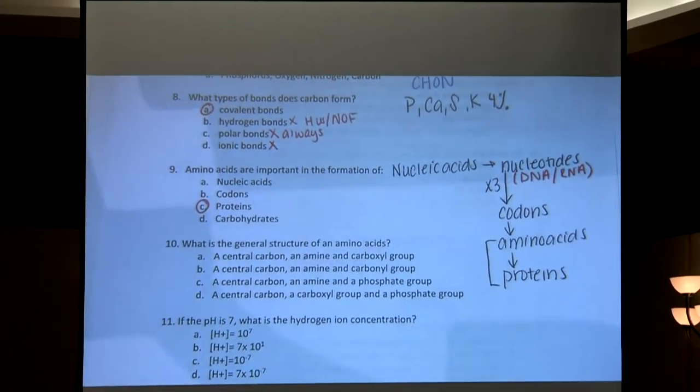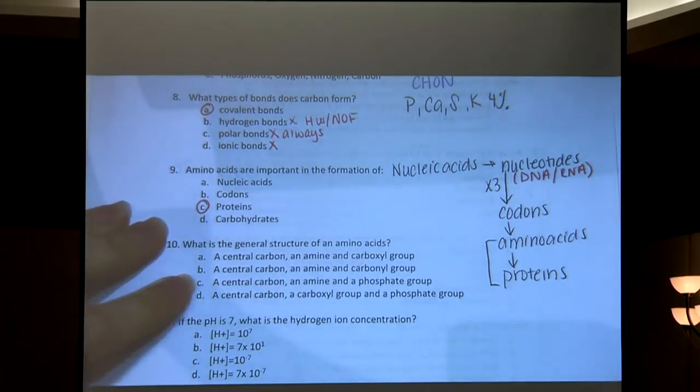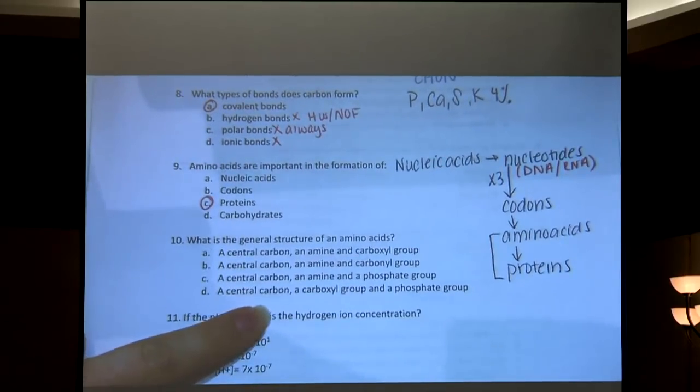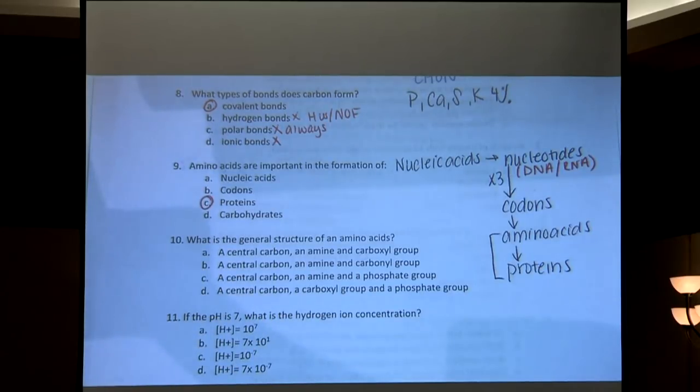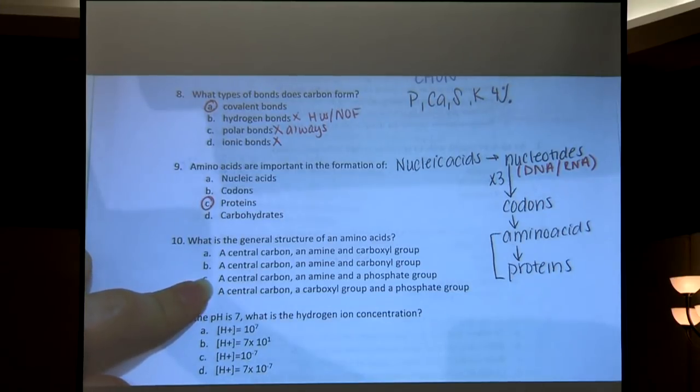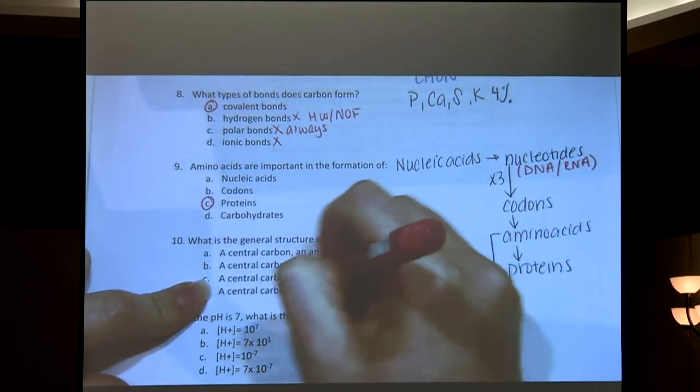So what is the general structure for amino acids? What do we have inside? We at least know we're going to have a central carbon since it's in all of our answers. How about the final groups? This is remembering what kind of functional groups we had. For an amino acid, we should also at least see an amine.